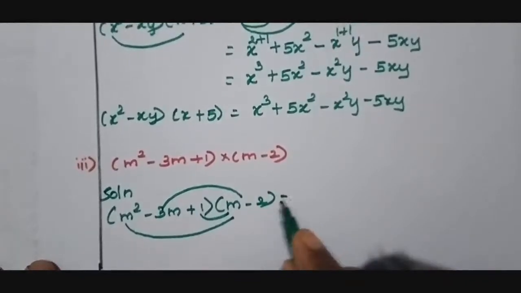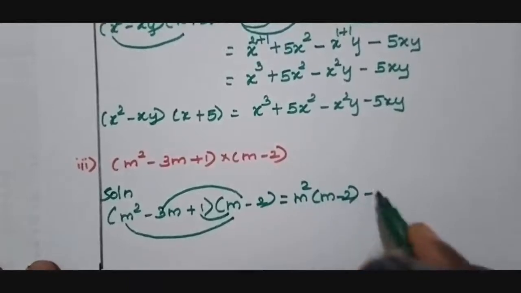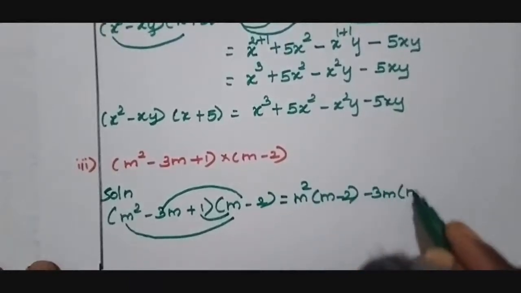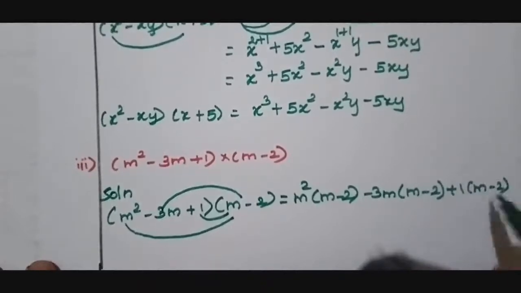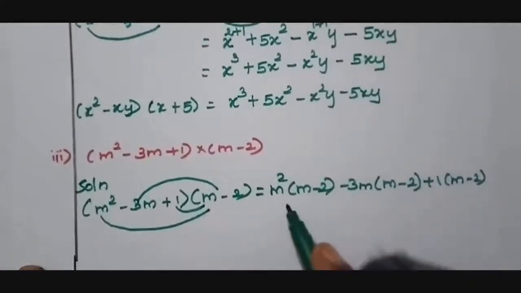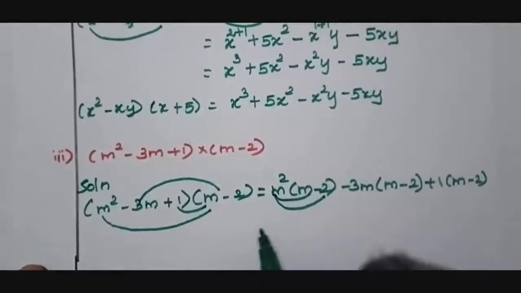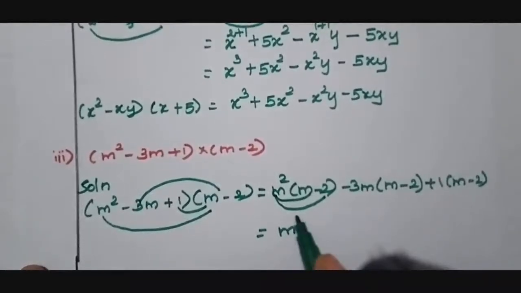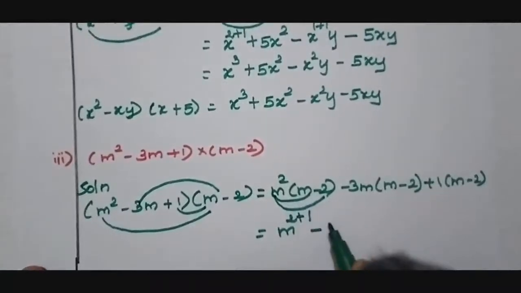Which is equal to m square into m minus 2, minus 3m into m minus 2, plus 1 into m minus 2. Now multiply this m square with the terms inside the bracket, m square into m and then m square into minus 2. So m power 2 plus 1 is m cube, minus m square into 2 is minus 2m square.